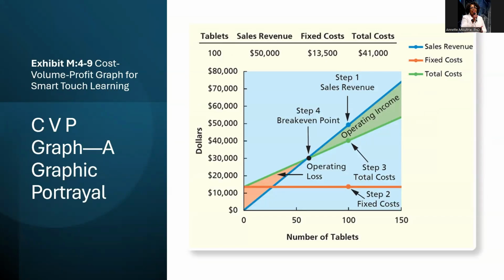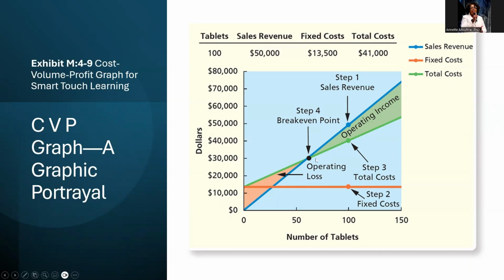So now the cost-volume-profit, or CVP, graph. This graph that you see here illustrates how varying sales levels impact profitability. To create this graph for Smart Touch Learning, we have to plot the following. One, the sales revenue line, which represents the total revenue at different sales volumes.